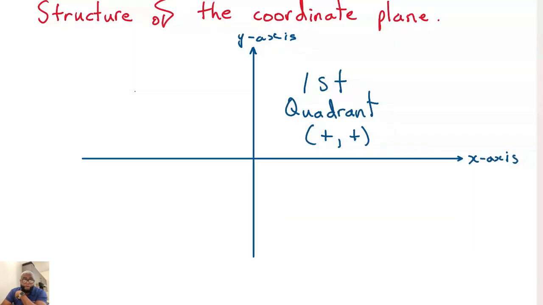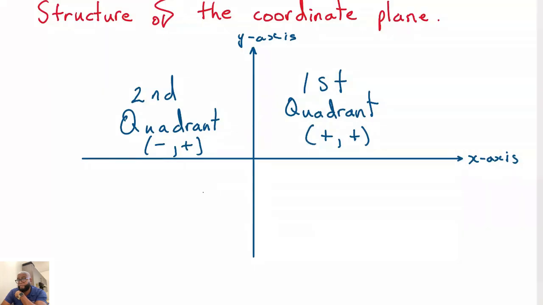Here will be your second quadrant. This will be a negative x-axis value and a positive y-axis value.